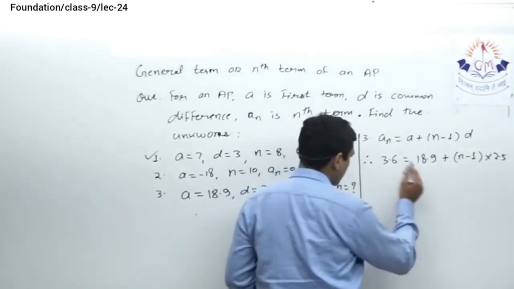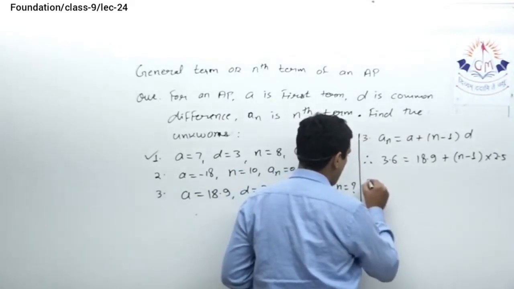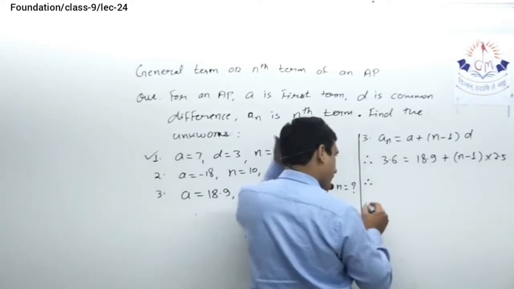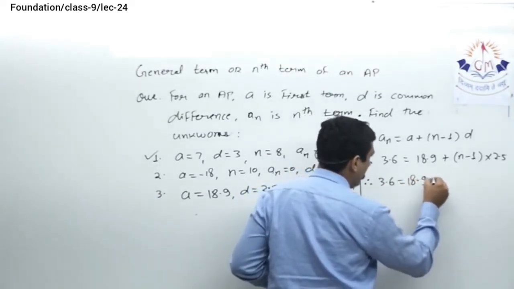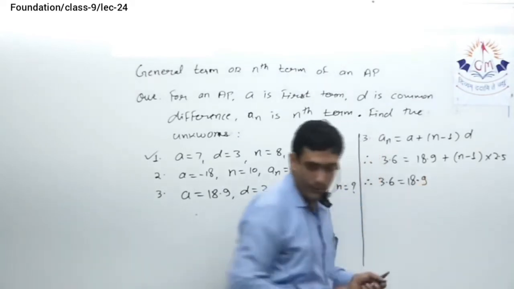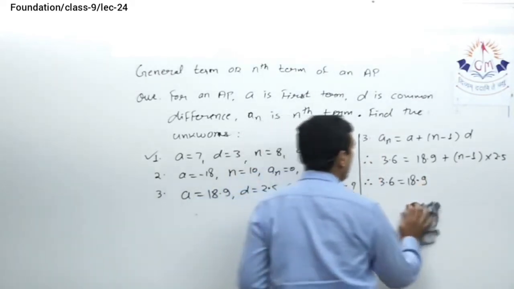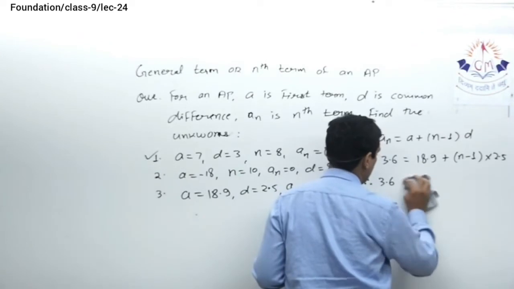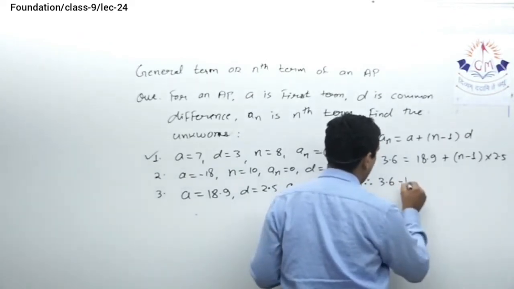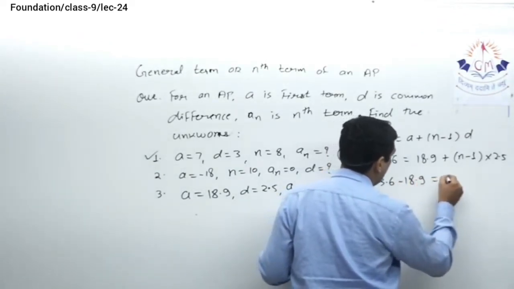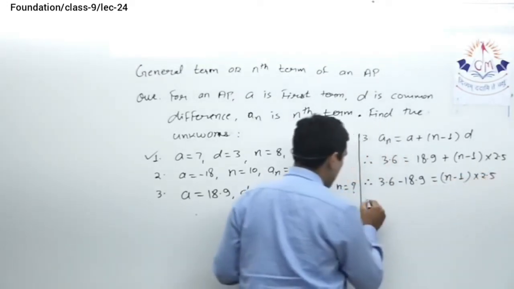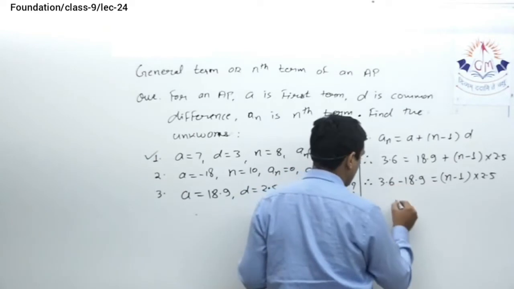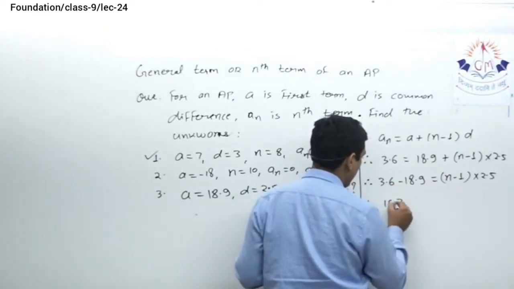So this can be done in this way: 3.6 is equal to 18.9. Or better to take 18.9 on this side, minus 18.9 is equal to n minus 1 into 2.5. Now their difference is 15.3.